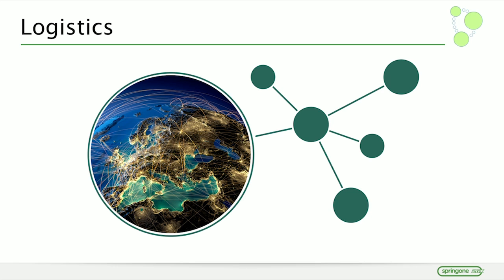Logistics is another interesting example that relates to route finding. It's a bit more involved because the performance requirements are much higher. For instance, a customer of ours is a huge European logistics provider, and they route 2,000 to 3,000 parcels a second.